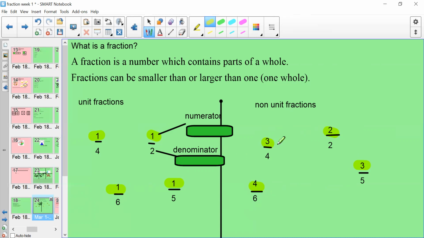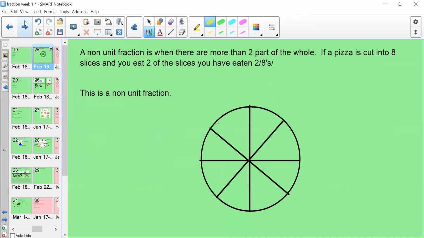So we're going to have a look at some examples now of some non-unit fractions. Okay, so a non-unit fraction is when there are more than 1 part of the whole. So if we've got a pizza cut into 8 slices, so we've got 1, 2, 3, 4, 5, 6, 7, 8 slices, and you eat 2 of those slices.